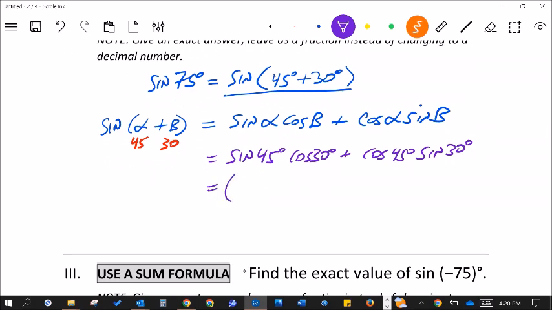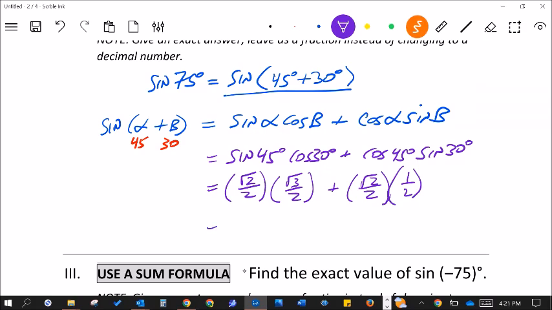On the unit circle, sine of 45 is square root of 2 over 2. Cosine of 30 degrees is square root of 3 over 2, plus cosine of 45 is square root of 2 over 2, and the sine of 30 degrees is 1/2. Actually, that's a parentheses, that's a parentheses.